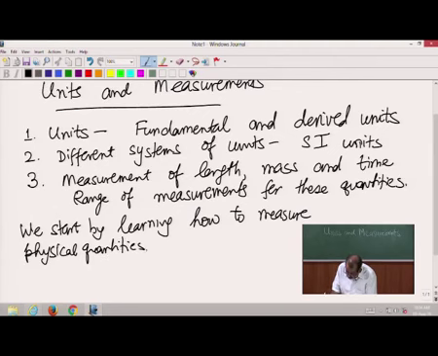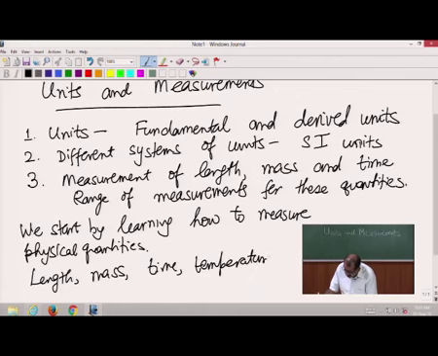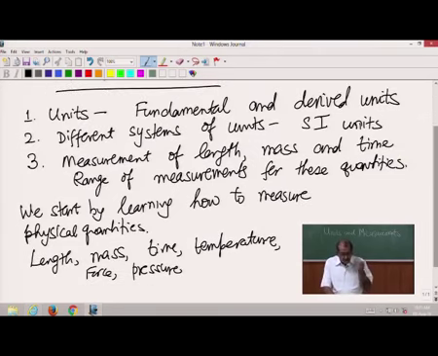Now, the physical quantities which we talk of, the quantities which are to be measured, they include entities like length, mass, time, temperature, it could be force, pressure, and so these quantities we want to measure. It could be how fast an object is moving, so we will talk of speed.